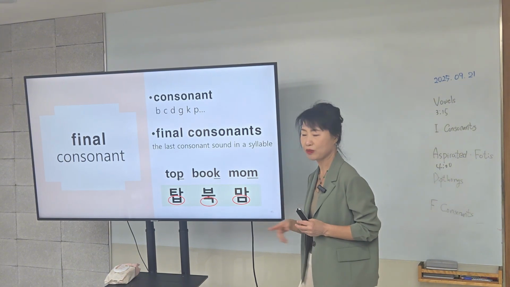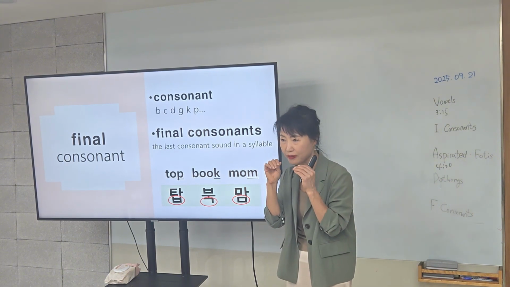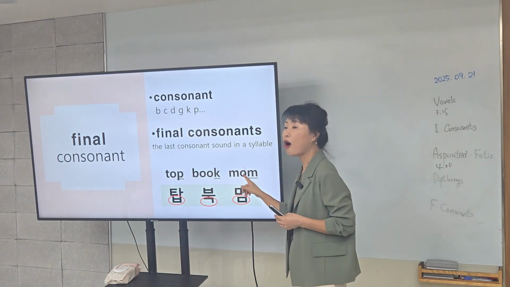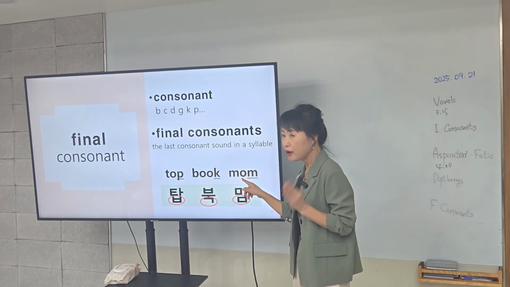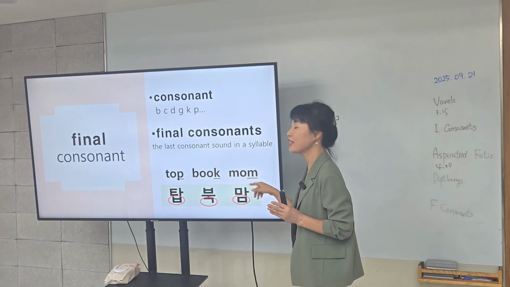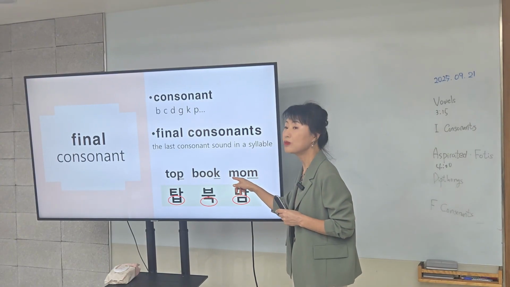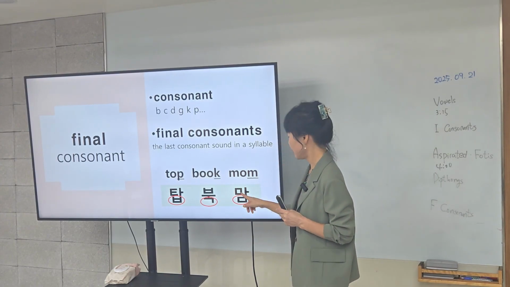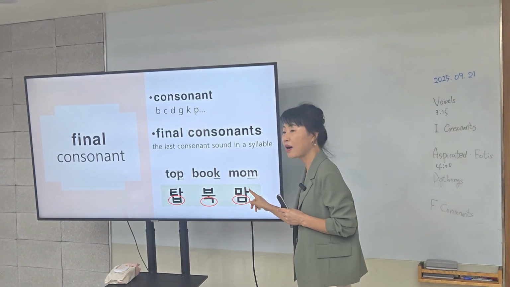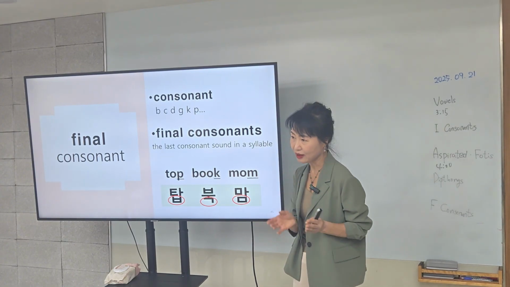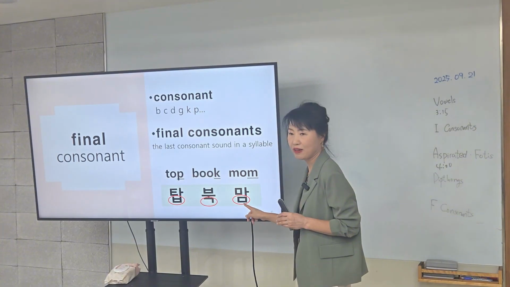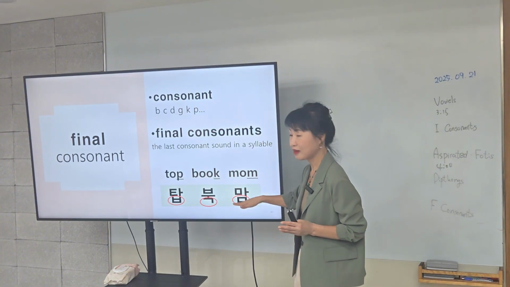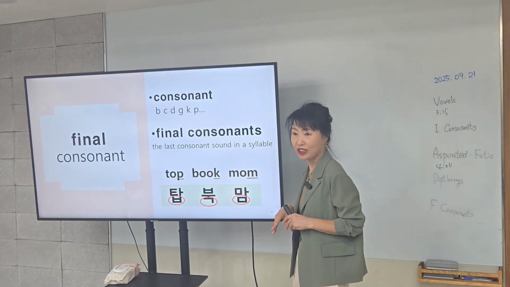So for example, when you pronounce mom, first close your mouth. And then open your mouth for the vowel. And then close your mouth again. So, mom, like this. In Korean also, mom. But in Korean, in the Korean writing system, the final consonant is placed under the vowel, unlike English.